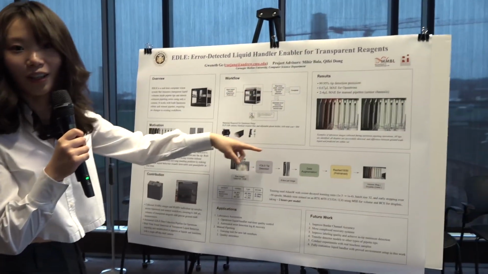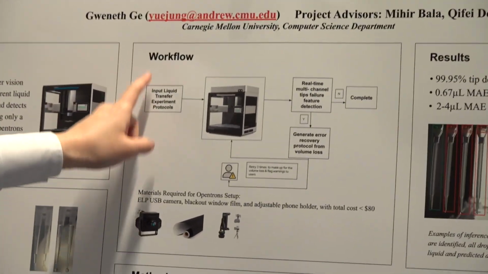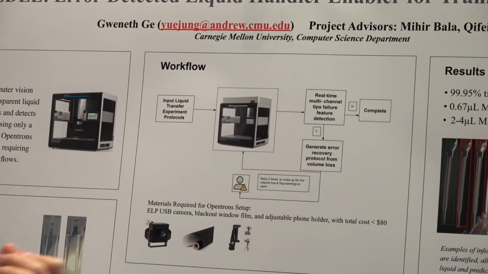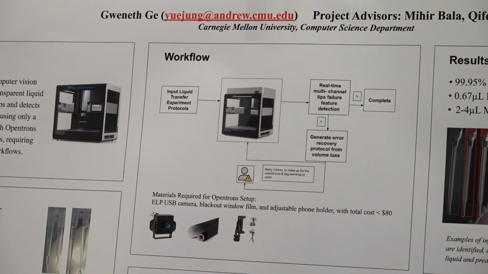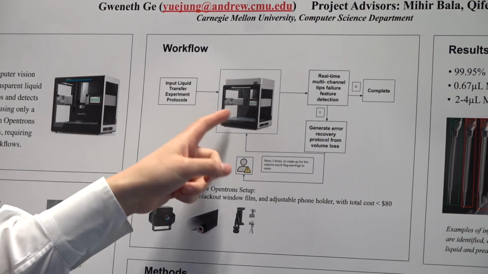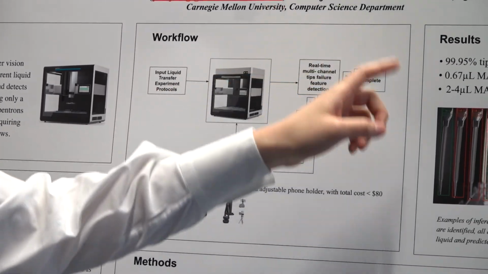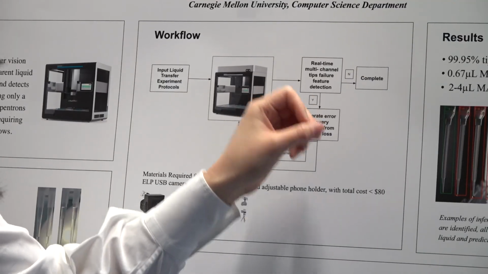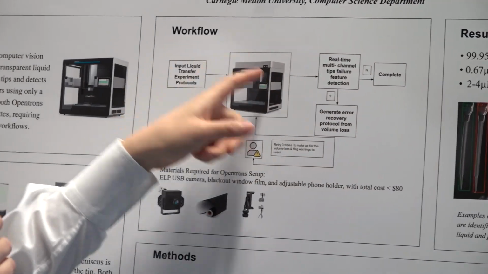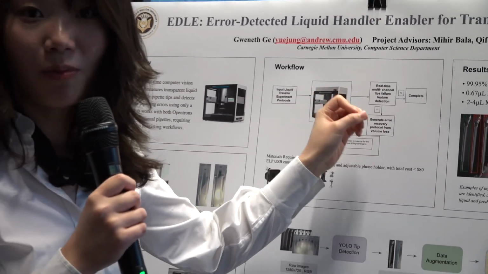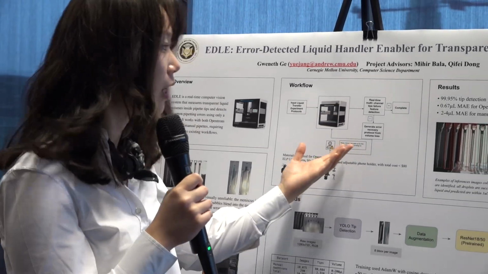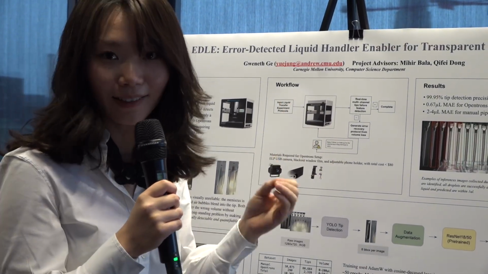And here's the detailed workflow. First, you get a protocol from a scientist you know, and then put it into the Opentrons to run the experiments automatically. During the process, EDLE will be activated, and it will monitor in real time how much volume is in each tip during the operation, and whether it has droplets.